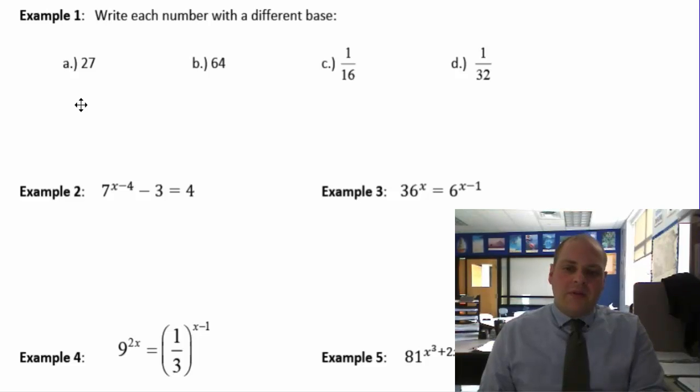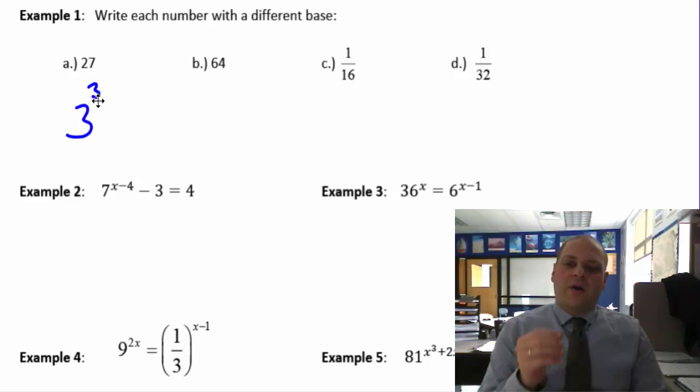And you may know that 27 is a power of 3. So we're going to change 27 to a base 3, because 3 times 3 times 3 is 27. So 3 raised to the third is 27.